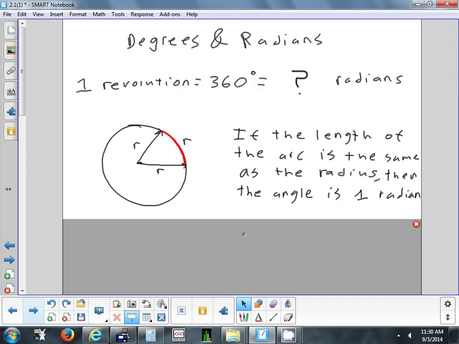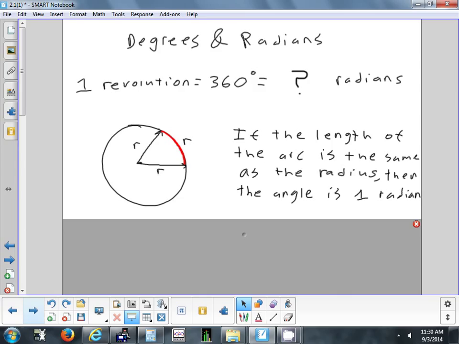Okay, and what I'm going to put up here is a geometric description of a radian. If you were to try to draw one on paper, what does it look like, size-wise? Okay, so the first thing I want you to notice is this red curved line right here on the edge of a circle. That's called an arc. Okay. Consider the length of that arc, between the two points where the angle would intersect the circle.